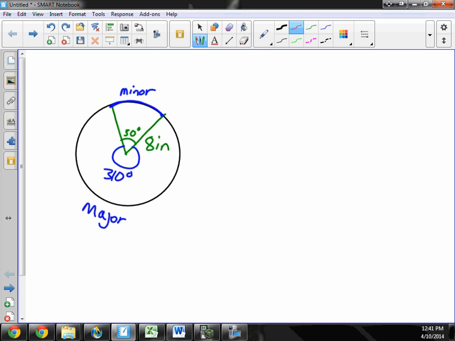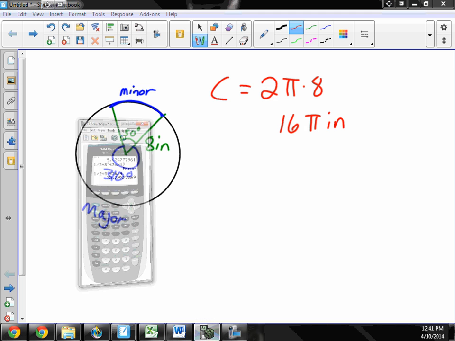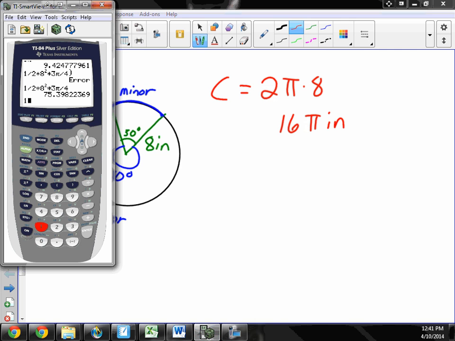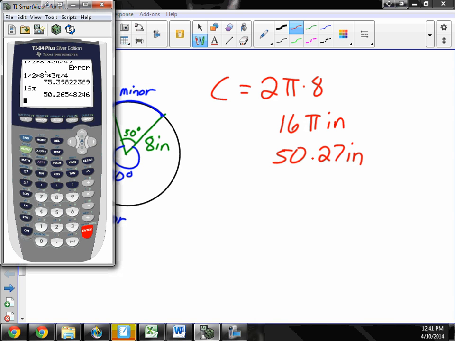So the circumference of this pizza, C, equals 2 pi times 8. So the circumference of this pizza is 16 pi inches. So 16 times pi. So the total circumference is 50.27 inches. Okay?